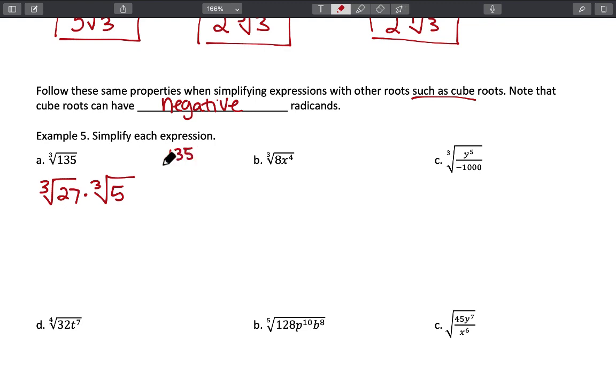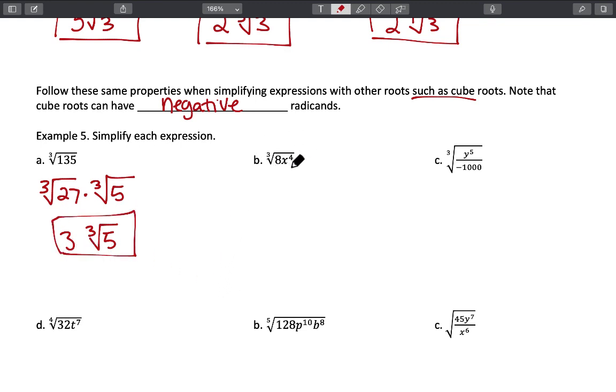So you would divide it by 8, you would divide it by 27, you could divide it by 64, and so on and so forth until you find some factors that you could reduce 135 by. All right, so we have the cube root of 27, that's 3, and then 3 root 5. So there's our final simplification.